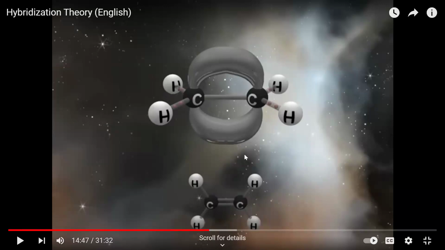It's a y plane from the right carbon. It's a y plane from the left carbon. They overlap. If you have a double bond, one of them is sigma, one of them is pi. How do we get the sigma bond? 2 hybridized orbitals, 1 electron in each came together. How do we get a pi bond? Unhybridized parallel p orbitals.